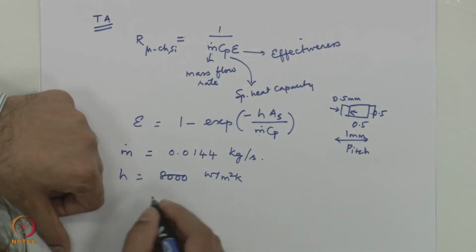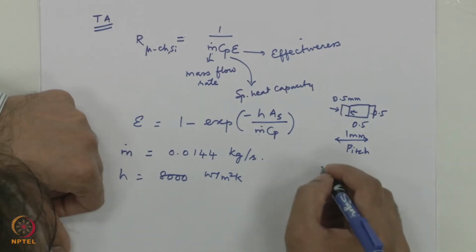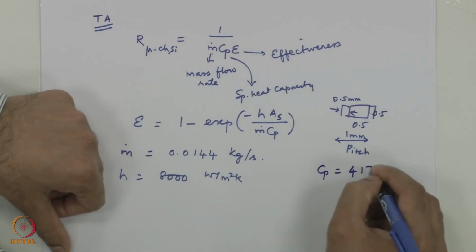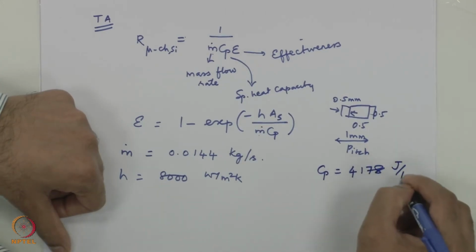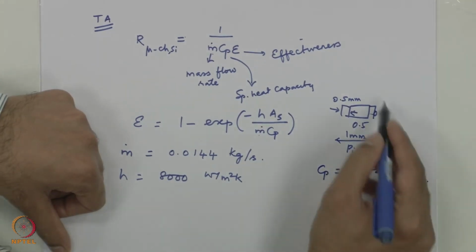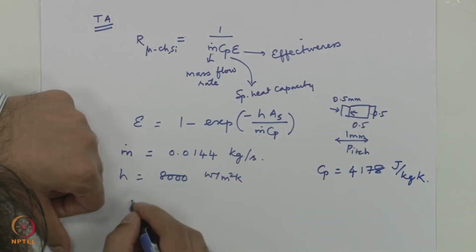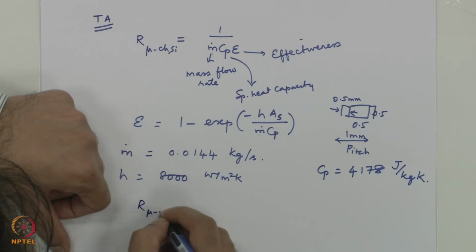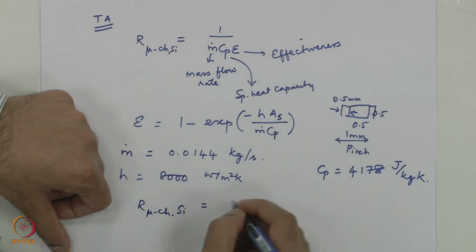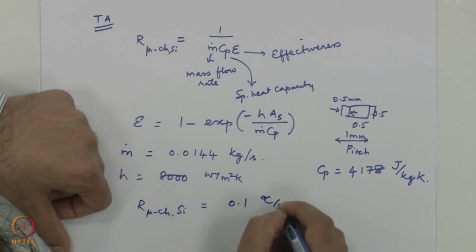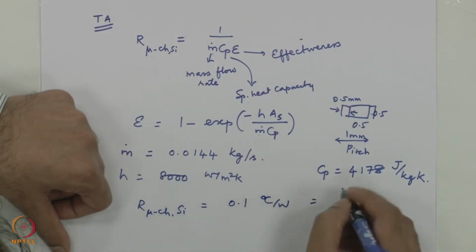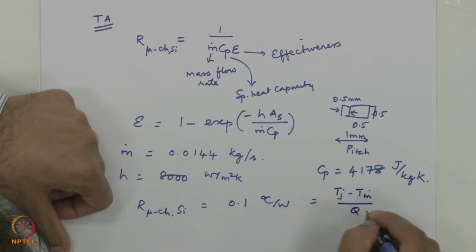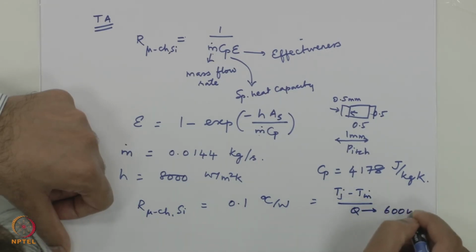Using that calculation, and knowing that we are flowing water through this microchannel device, the specific heat capacity of water is 4178 joule per kilogram Kelvin. Substituting all these numbers into calculating an effectiveness, the resistance is about 0.1 degree C per watt, and this is nothing but T junction minus T inlet divided by Q. We know Q is 600 watts, that is given.